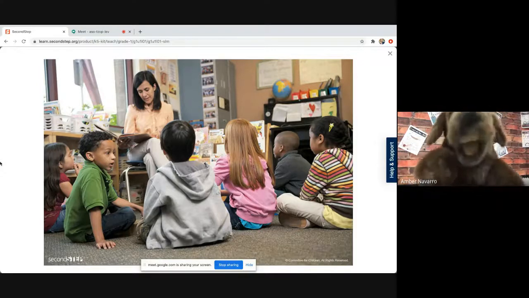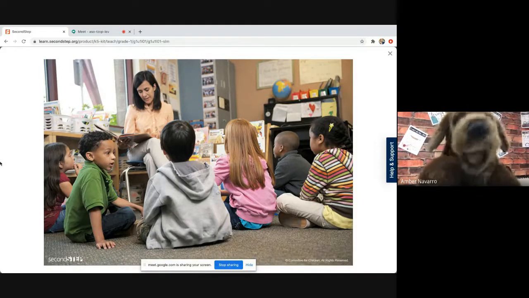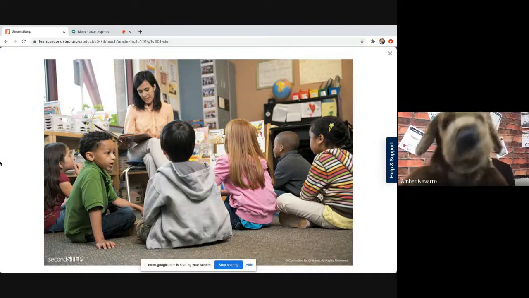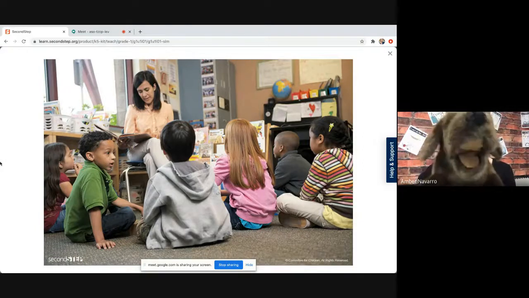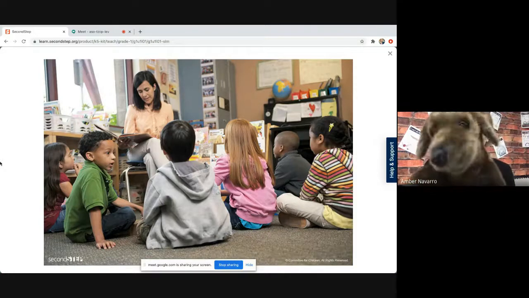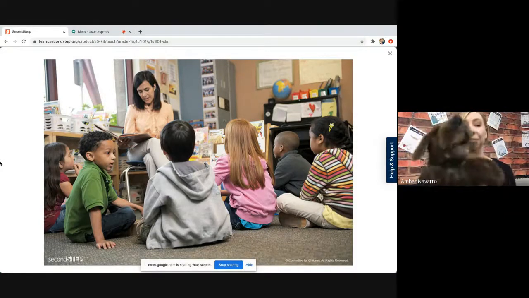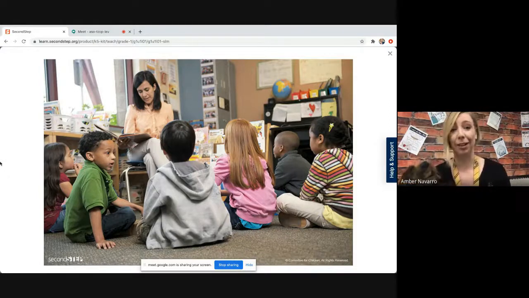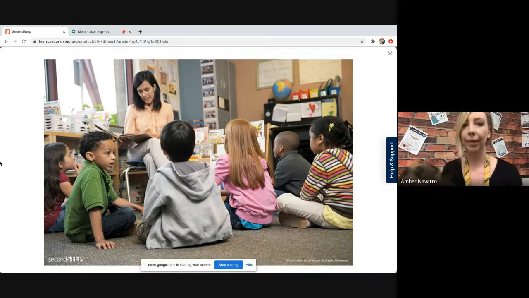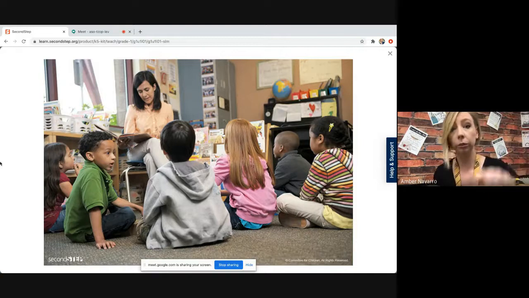Well, his body is turned to the side and it doesn't look like he's keeping a still body. And his eyes are not watching his teacher, and he looks like his ears are not listening, and maybe his mouth is talking. All of those things are right. So when we look at this picture, even though we can't know exactly what's going on because there's no video and it's not live, the clues of Will's body language are telling us he's probably not listening because his eyes are not watching his teacher.